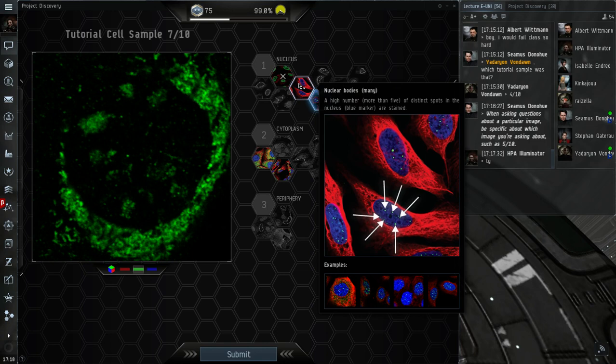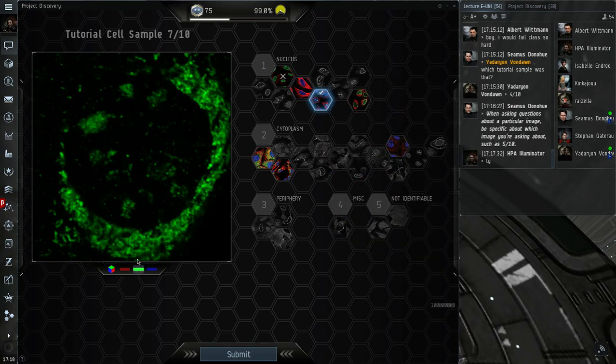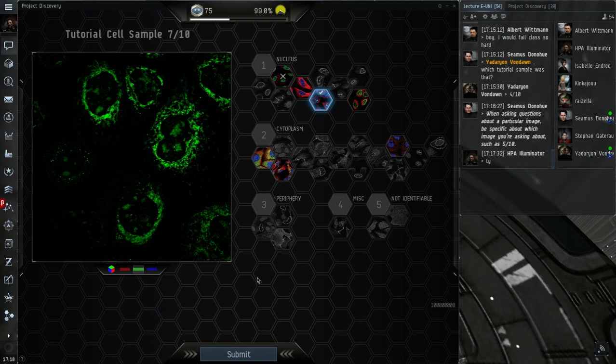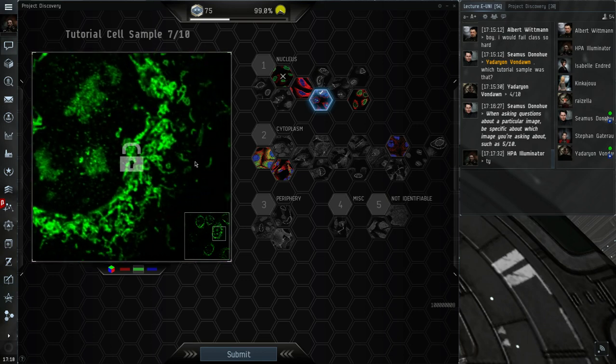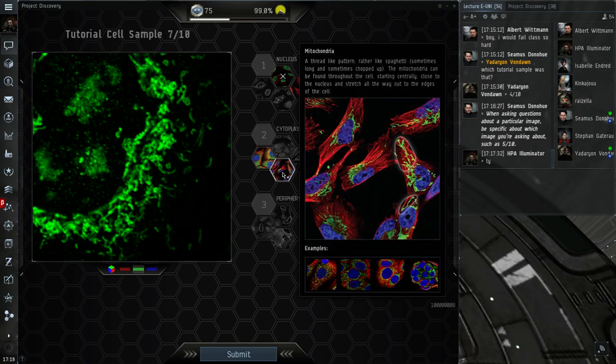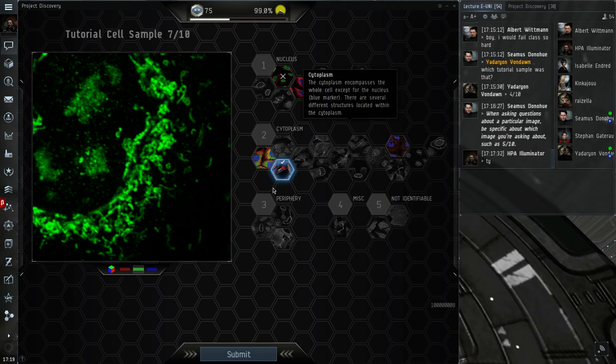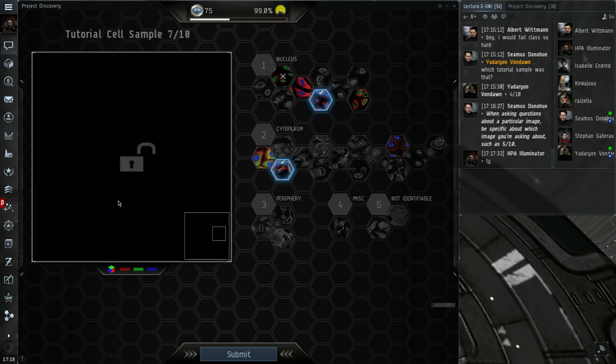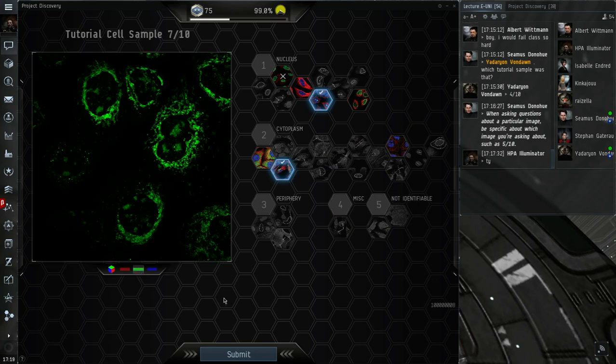They should be a lot smaller. And then for the green staining, if we zoom in here, you can see the sort of thread-like pattern, which says that it's mitochondria. So we'll click those 2.